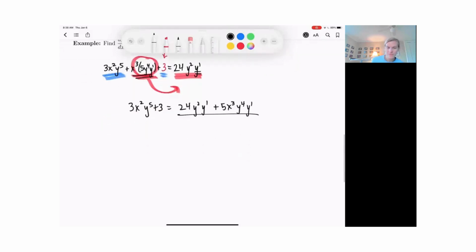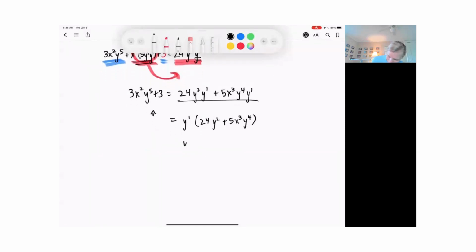Okay, now I can factor a y prime out of this side of the equation. So I have y prime times 24y squared plus 5x cubed y to the 4th is equal to that stuff from above, and I'm being lazy, so I'm not going to rewrite it. Now I divide both sides by this expression. So I have 3x squared y to the 5th plus 3 divided by 24y squared plus 5x cubed y to the 4th.